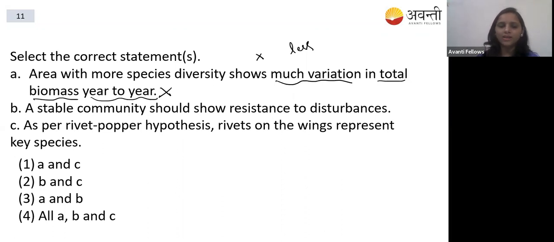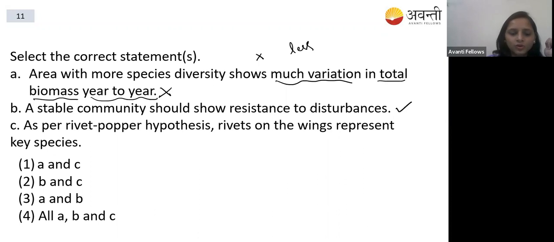In the tropical forest there is more diversity and a stable environment, so in that area there is less disturbance. And if you take regions like the Antarctic and the Arctic, there are more disturbances, because there are no stable communities and species diversity is also very less. So option B is the correct statement.